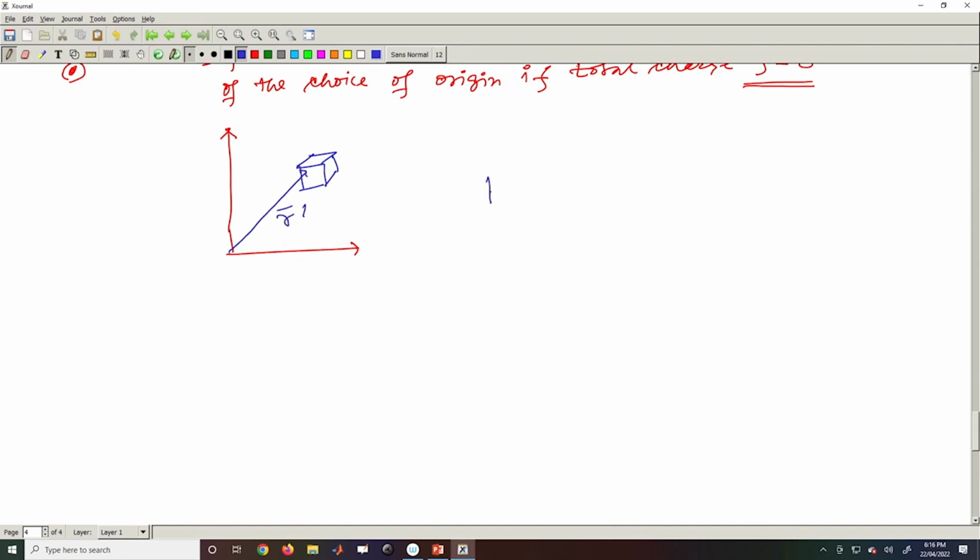So, according to my definition, it should be r prime, rho at r prime and dv prime. Now, what I do is I am going to shift this coordinate system to some other point, say here I shift it such that this is the origin.